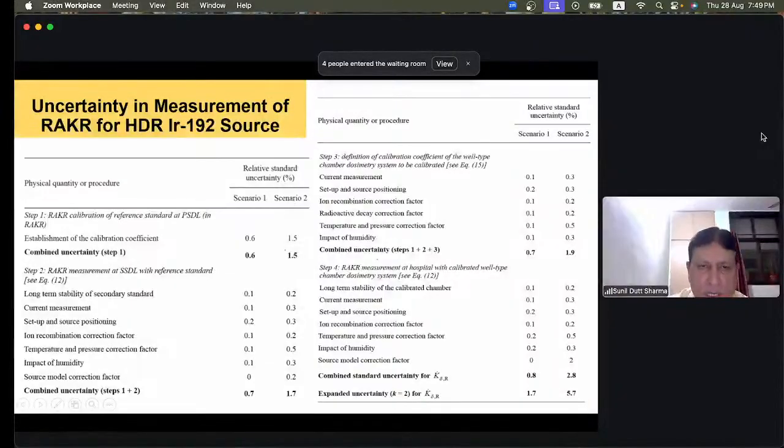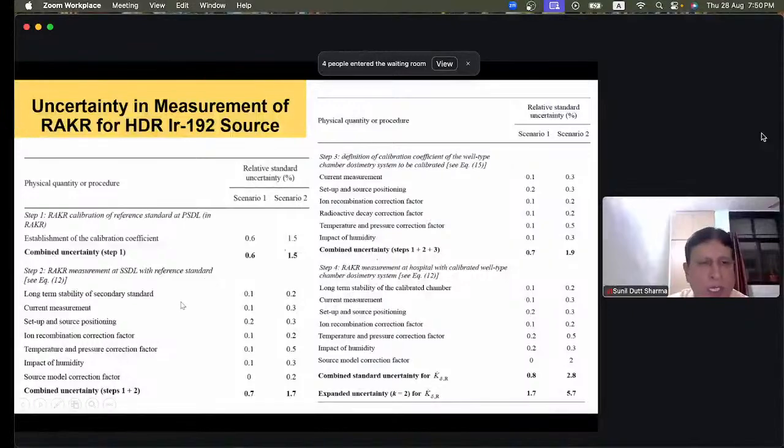recommended reference conditions. So if this is the case, for example, the calibration of the reference standard at the PSDL level. By the way, if the calibration laboratory has got their instrument calibrated by a primary standard dosimetry laboratory, then their uncertainty shall also be incorporated.